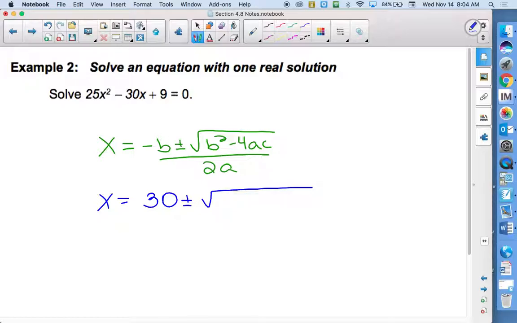So it's already negative, and then we're plugging a negative number in place of it. So now it's positive 30. We have negative 30 squared minus 4 times 25 times 9. And on the bottom, 2 times 25.